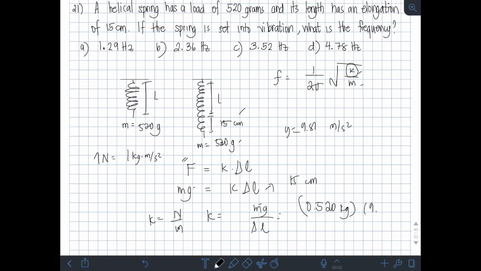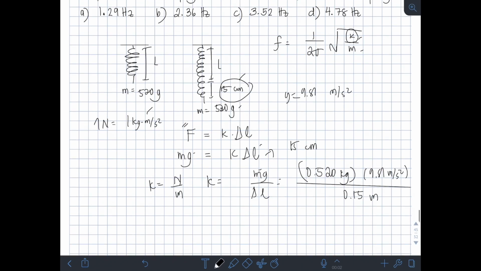And then times g, 9.81 meter per second square divided by delta L. So, yung delta L natin na 15 cm, gawin din nating meter para consistent, so magiging 0.15 meter. Okay? So, using calculator, ang makasolve natin k is 34.008 Newton per meter.